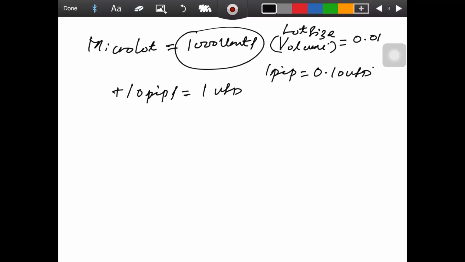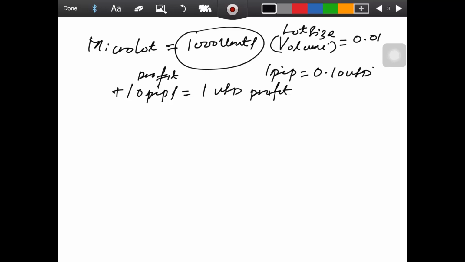That is 10 cents. So 10 pips equals 1 USD profit. If you get 10 pips profit, it is equivalent to 1 USD on the micro lot. That's the basics of understanding your lot size and how to use it to calculate your profit or your loss.